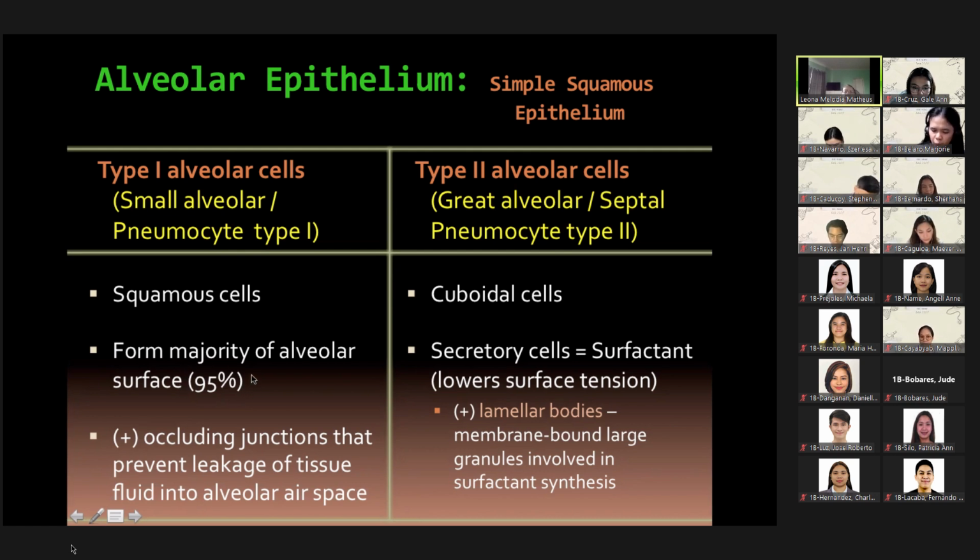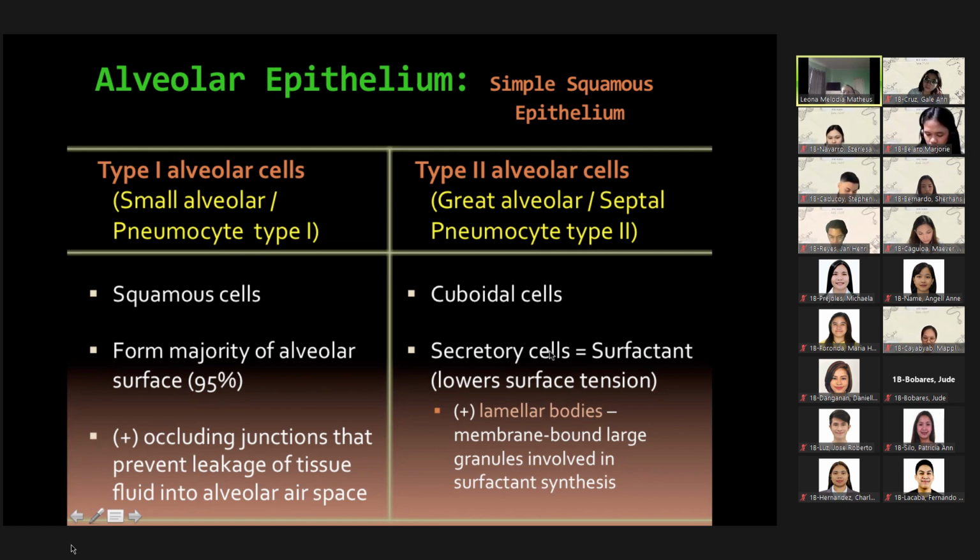And we have here in these alveolar cells what we call occluding junctions that prevent leakage of tissue fluid into your alveolar airspace. Ibig sabihin, para walang fluid sa loob ng alveolus, air lang, no?